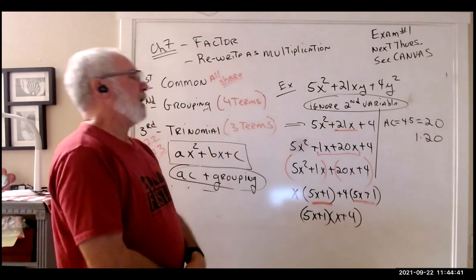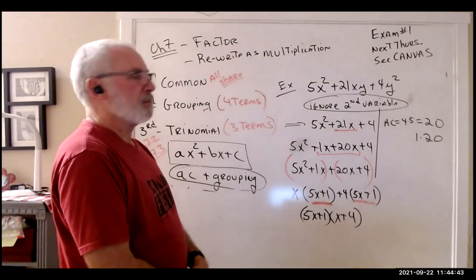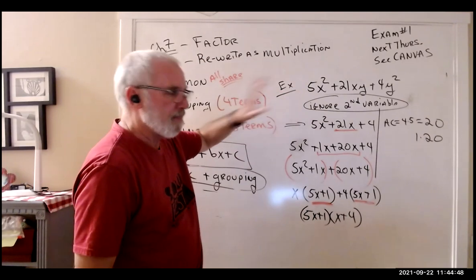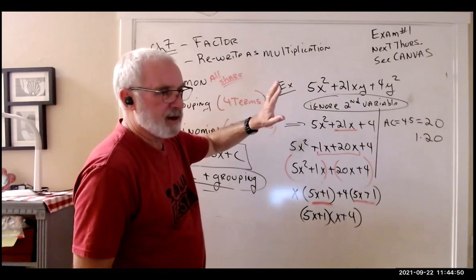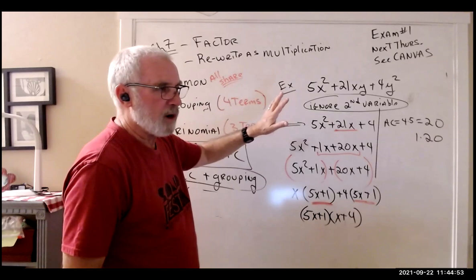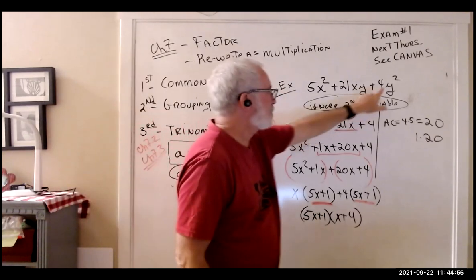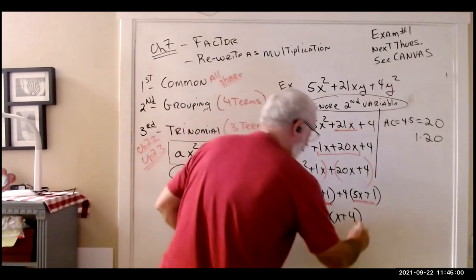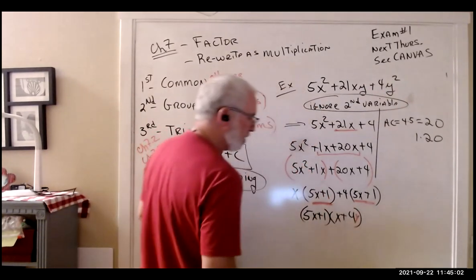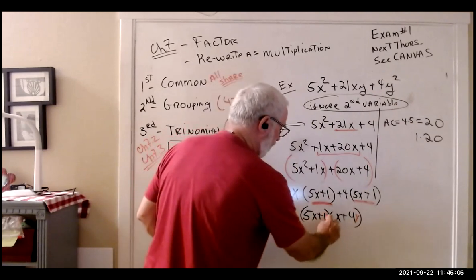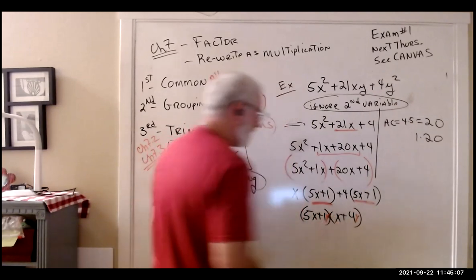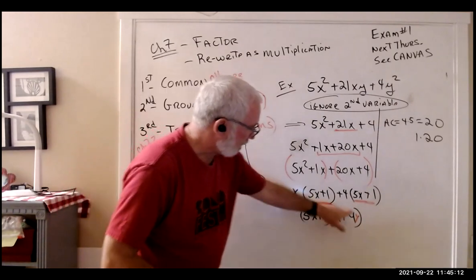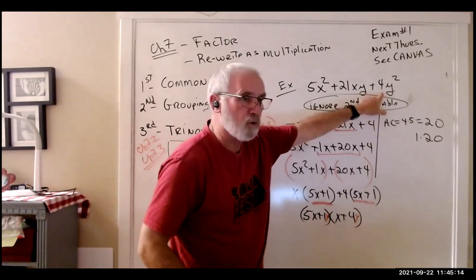Okay, but this particular problem had two variables, and we ignored the y. So now all you do is stick it back in. Question is where? Well, the y squared was in the back end. If you put a y here and a y here, if you just go back and sneak it in, look at what 1y times 4y is: 4y to the second.